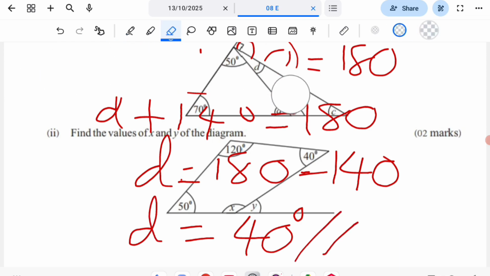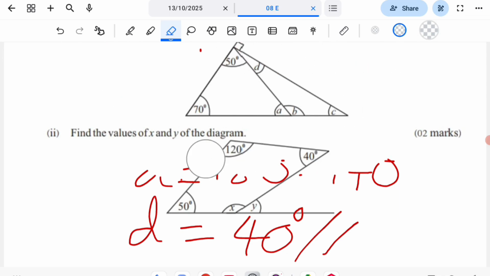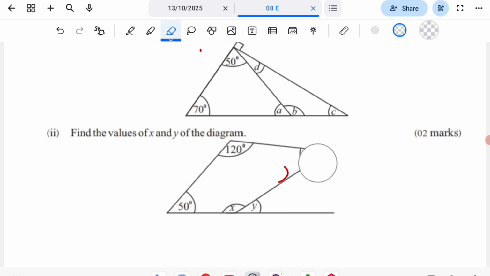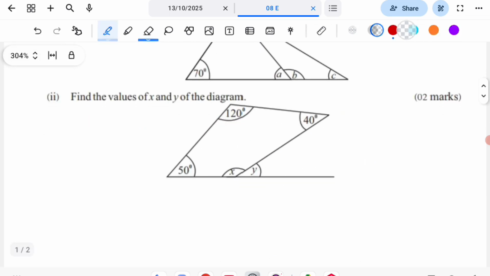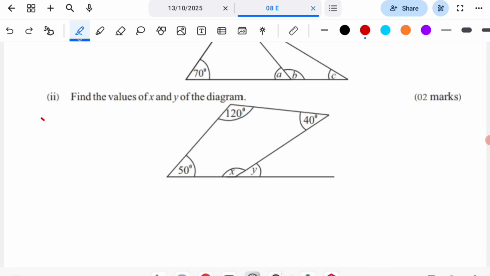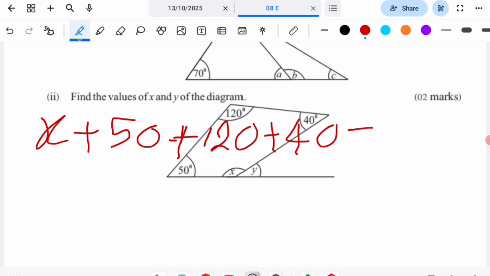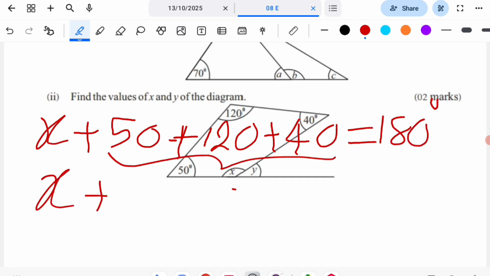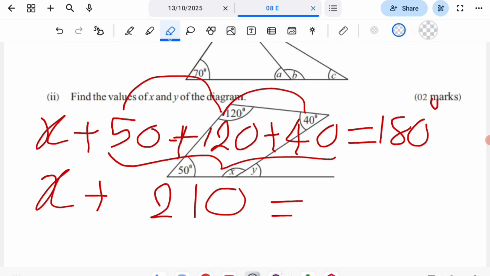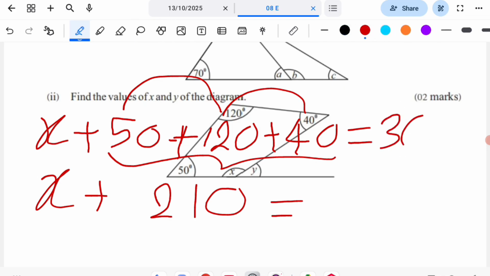Then part 2, find the value of x and y of the following diagram. When finding the x value, we consider that the sum of interior angles of this quadrilateral is 360 degrees. Then x plus 50 plus 120 plus 40 equals 360 degrees. Adding all these values, we get 210, so x plus 210 equals 360.